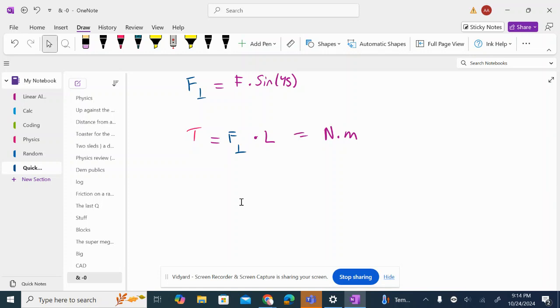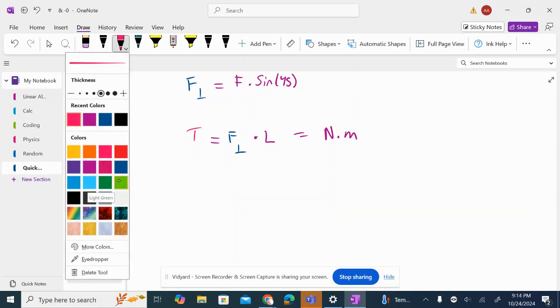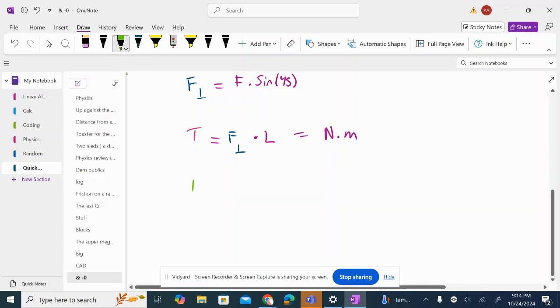We need to find the moment of inertia of the rod, which will be I rod, equal to 1/3 mass of rod. Plug that in. You should get an answer in kilogram times meters squared.